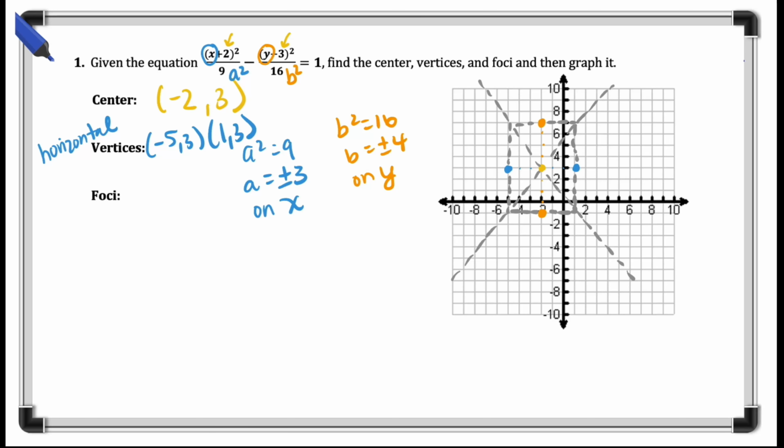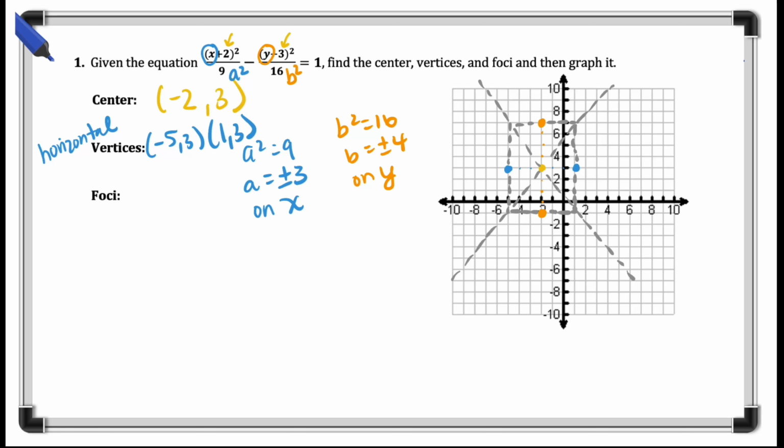So this is like a guide for us. Something else to remember is that your positive term is always going to be the vertices. That's what was the blue. So the positive term, which was your first term, the x's, that's where you're going to use those vertices.